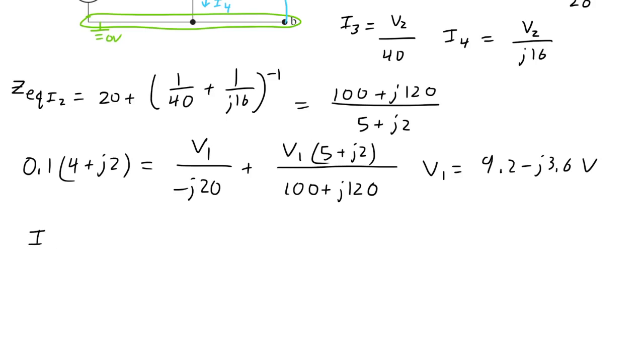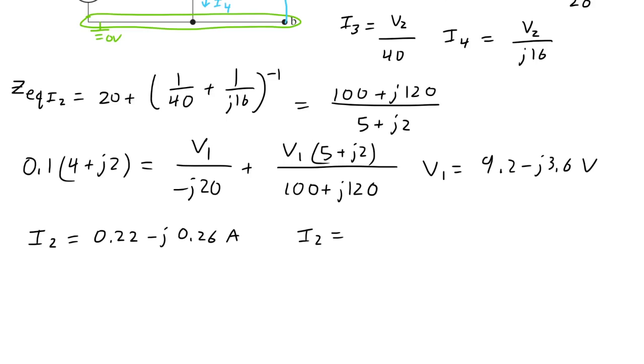And using that, we can find out what the value for I2 is. So I2 is going to be 9.2 times that impedance factor, divided by that impedance, so 0.22 minus j0.26 amperes, which means that we take I2, we can solve for V2.